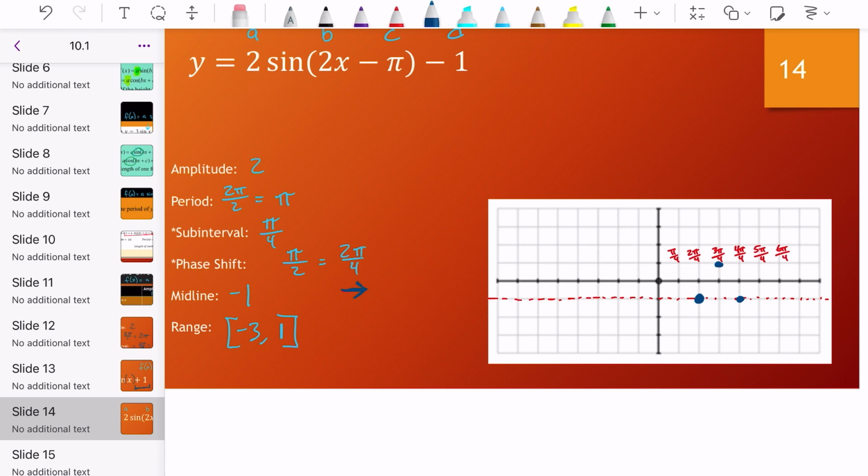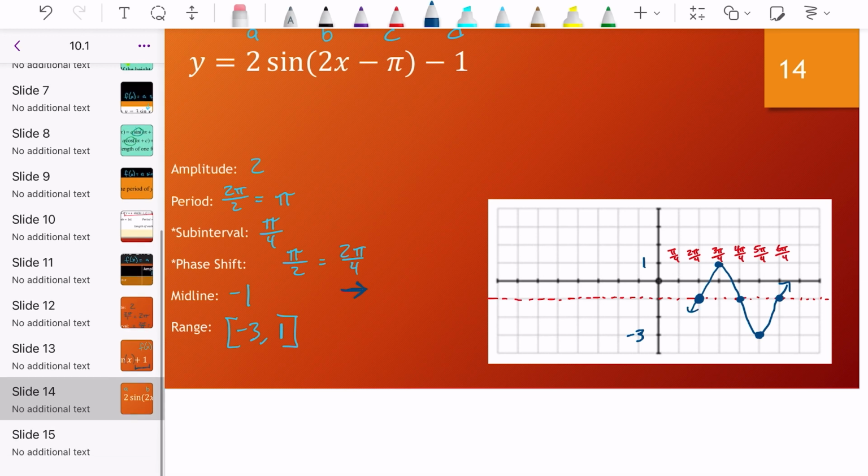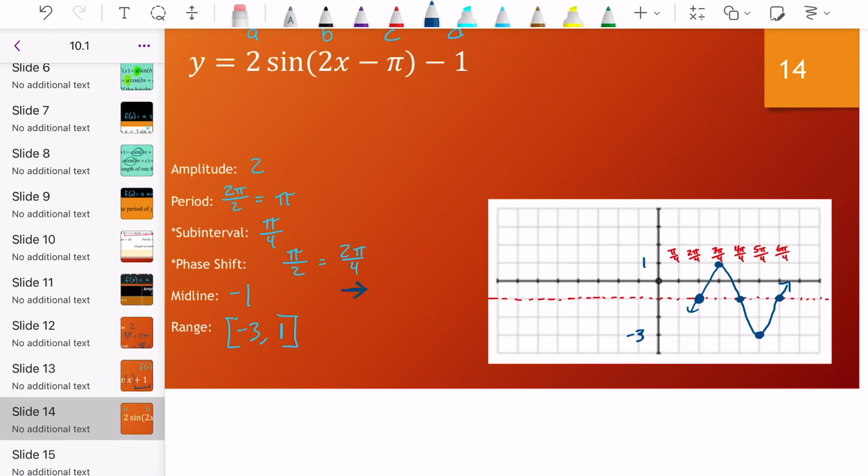We are going to hit that minimum number of -3 at 5 pi over 4. And we're going to hit the midline once again at 6 pi over 4. We're going to go ahead, connect our dots, and be able to graph that.